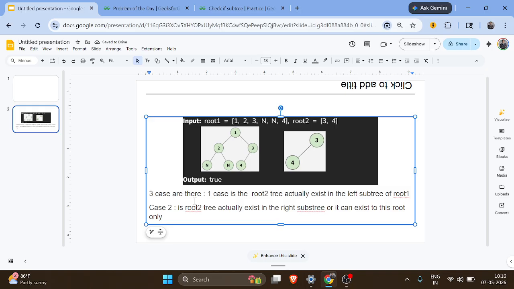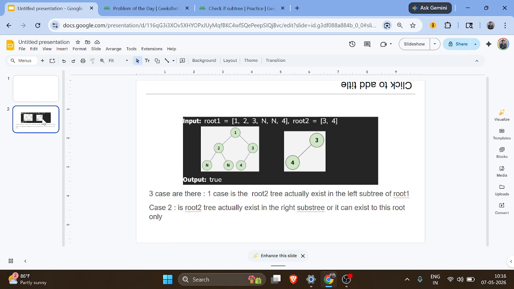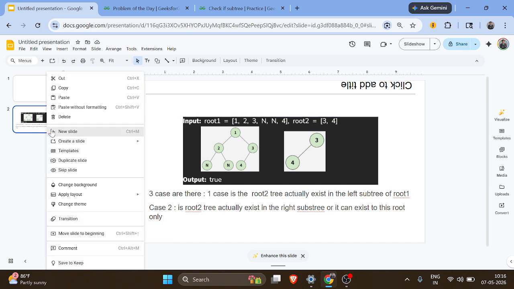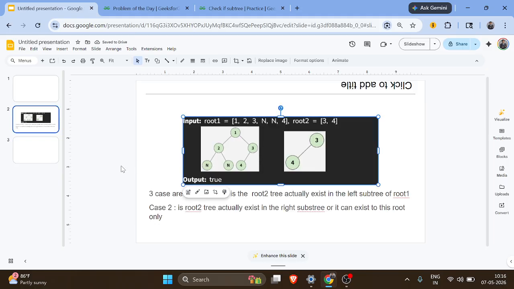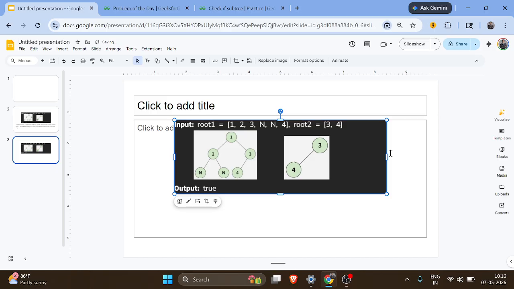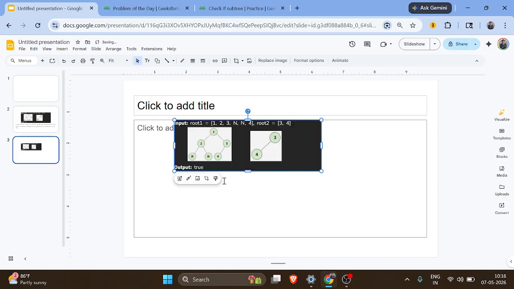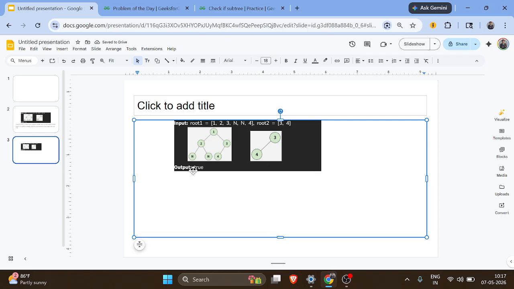So how do we check each and every possibility? First of all, how to check if root 2 exists from this root only.